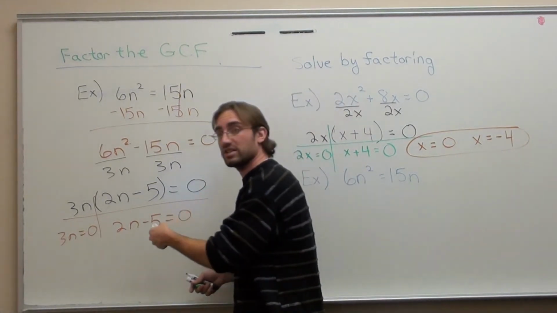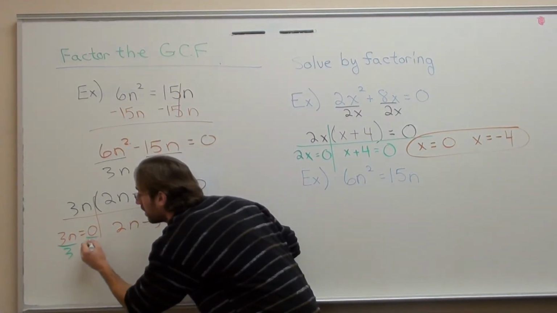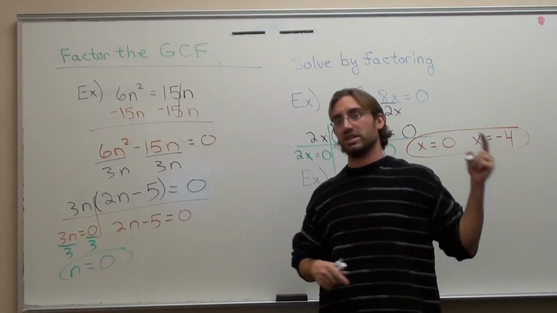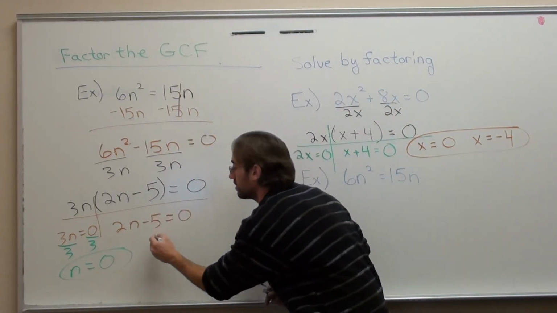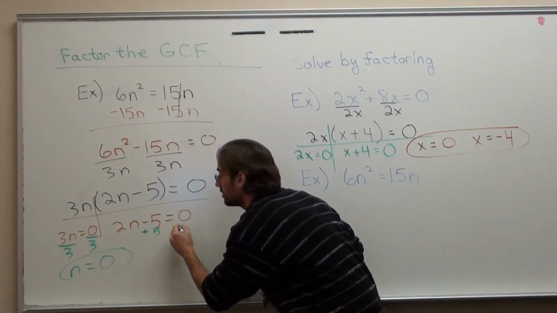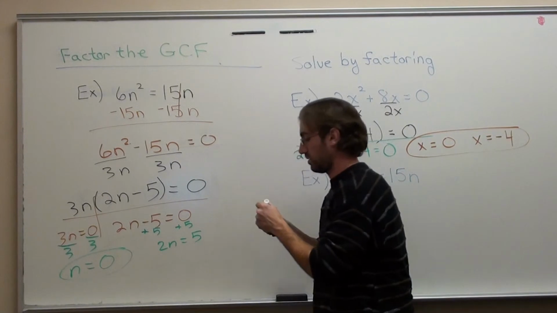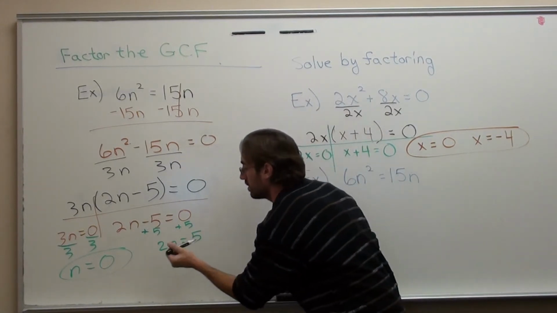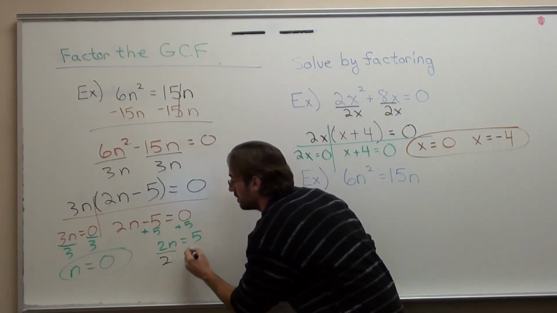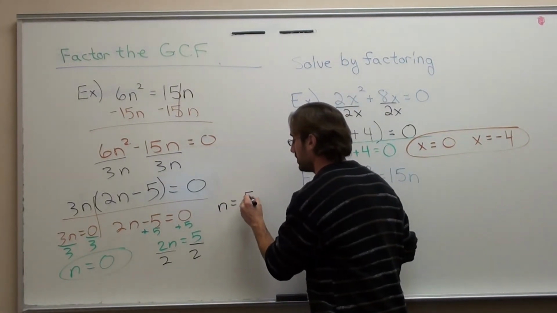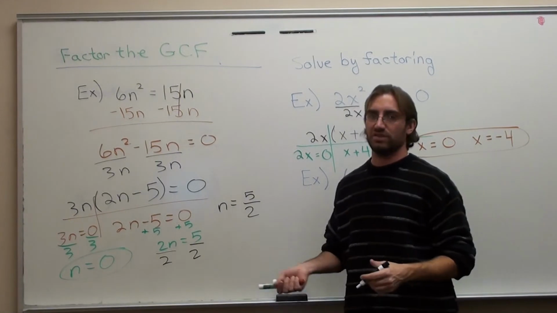Divide by 3 on both sides for the first one. 0 over 3 is 0. And add 5. Divide 2. n equals, you can't reduce 5 halves, so it's 5 halves.